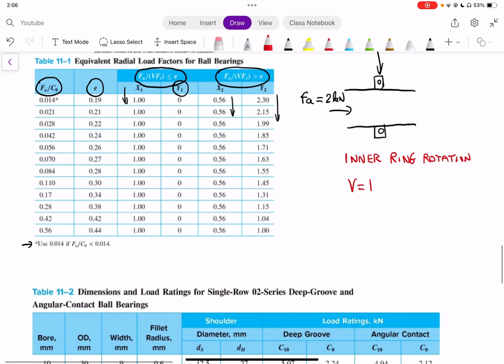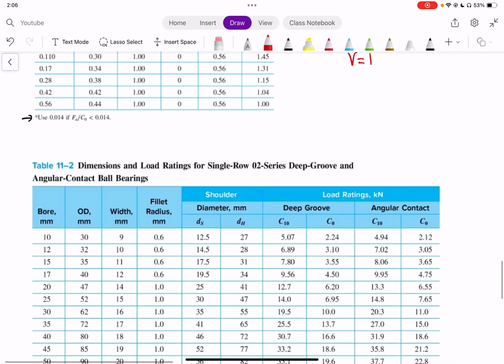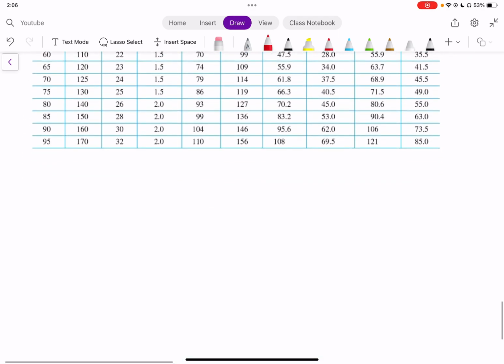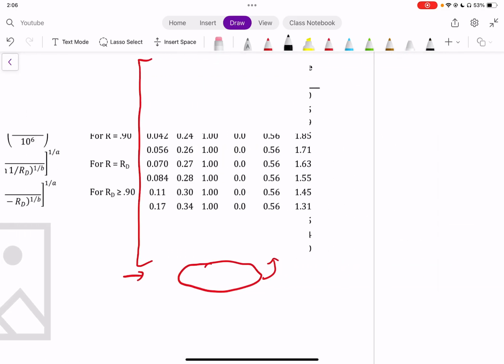Okay, now based on that, I can start solving the problem. I'm going to write down my equation to find my F equivalent. If I rearrange the equations that I've written before, FE is going to be equal to XVFR plus YFA. If I look at my formula sheet, I can find that there.